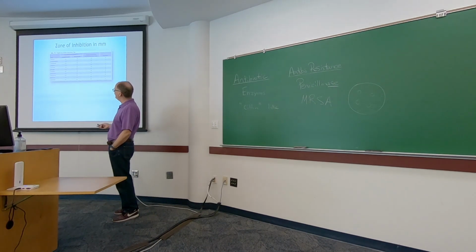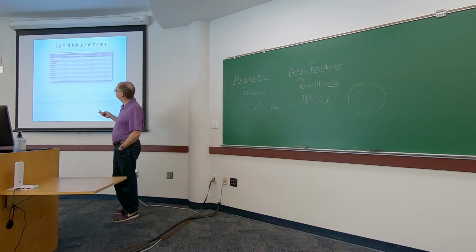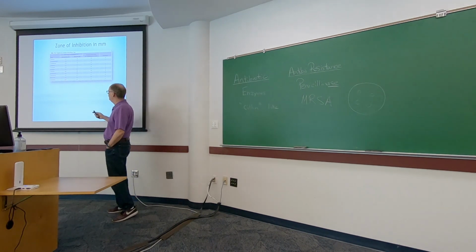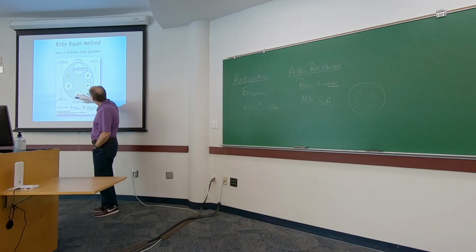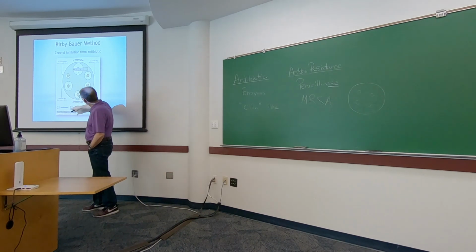And then this would be a table. If we look down here at vancomycin, in order for the bacteria to be susceptible to vancomycin, the zone has to be larger than 12. They don't tell you the size of these, do they?